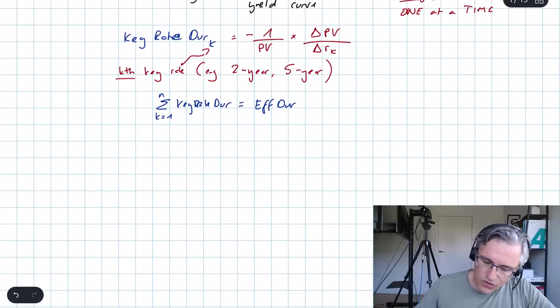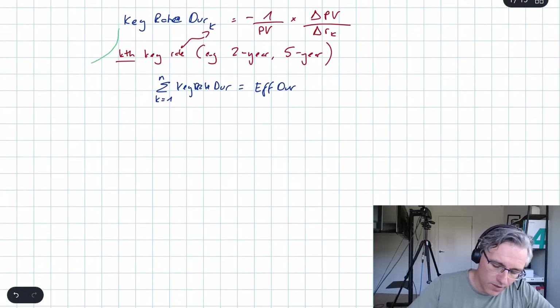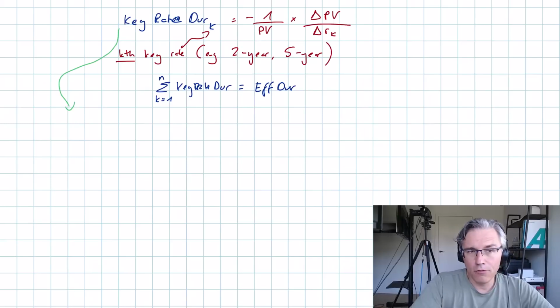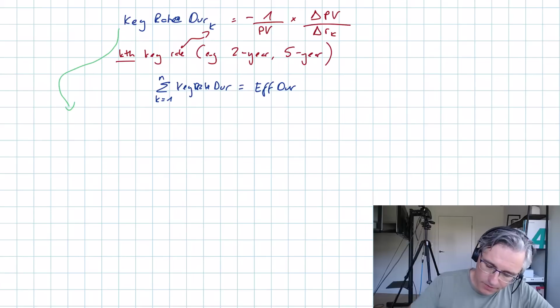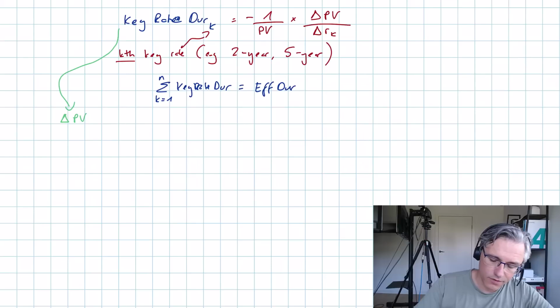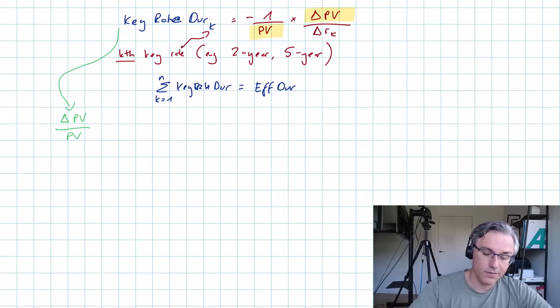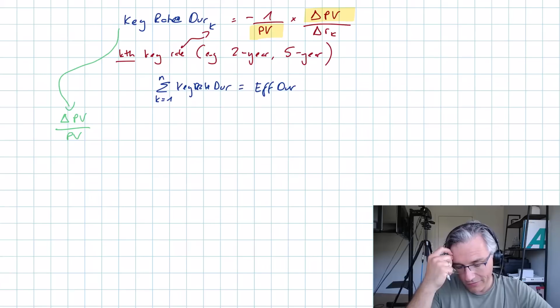Now, just to make you aware, once again stressing that I don't expect you to have to do this, the way we can apply this, if you know what the key rate duration is, is to check what's going to be the scale of the change to the price of a bond in relation to its current price. So what I'm doing over here is taking this term in the numerator, leaving this in the denominator, but combining them into a single fraction.